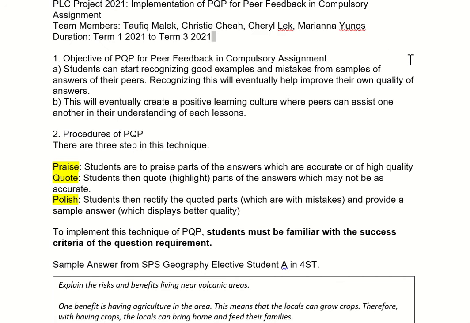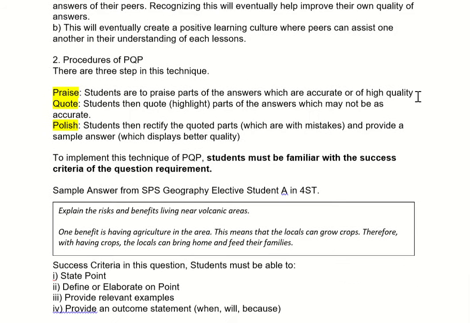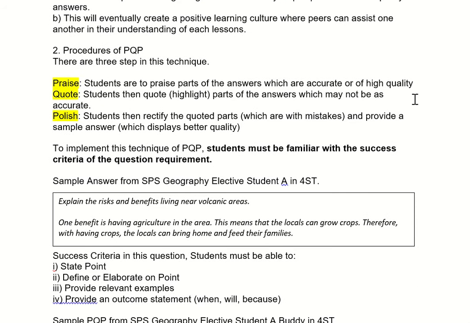The procedures will be, as mentioned before, P for praise, so to praise and highlight the best parts of the answer. Q is to quote the parts that may not be as accurate, or to quote things that are missing. Then after that, to polish what is being quoted or what is missing in their answer.